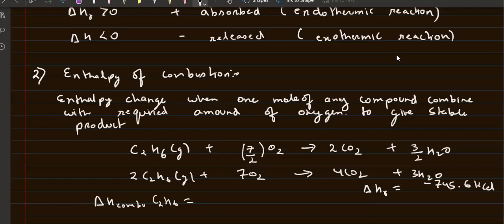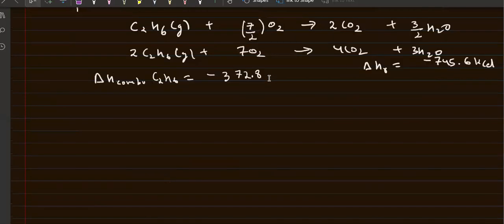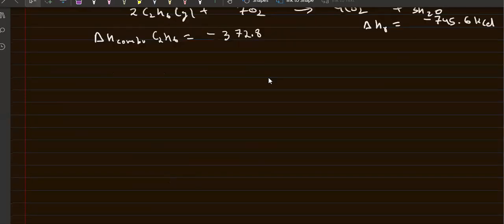Yes, very good, because we have 2 moles, and according to the definition it should be for 1 mole. So the answer is 372.8 kilocalorie. I hope all of you got the basic idea of enthalpy of combustion. Now we have to study one more term, which is known as calorific value.